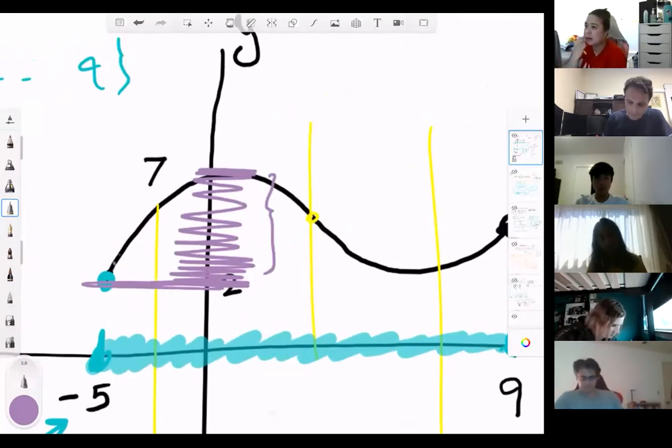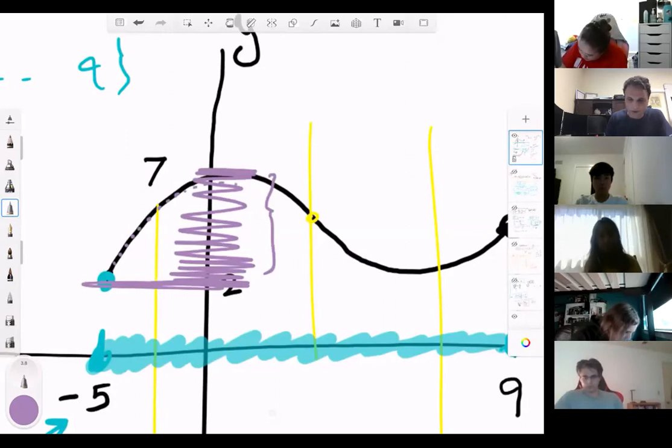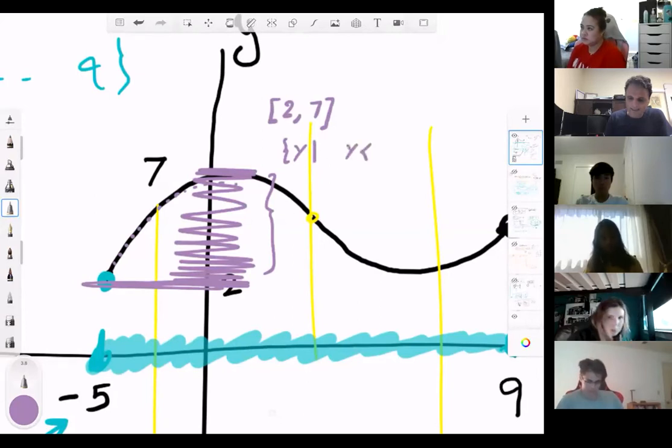That means any point you pick on this graph, the value of y is between 2 and 7. How do we write it? We can say bracket 2, comma, 7 bracket. Or we're going to say y such that y is less than or equal to 7, greater than or equal to 2.